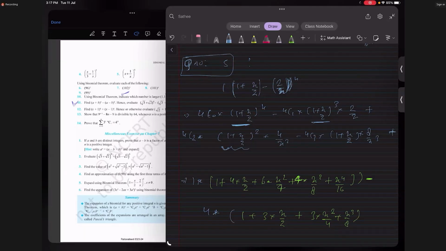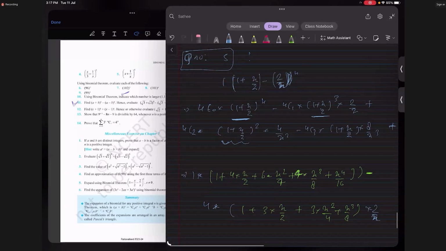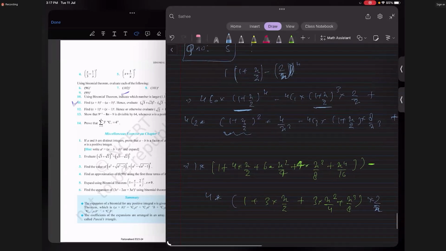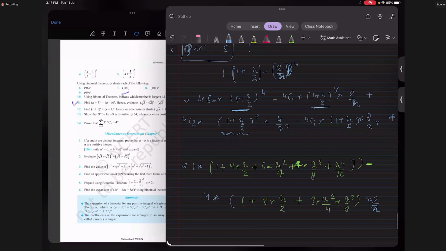And after that, there would be the multiplication by 2 by x, and then this would be 6 into 1 plus 2 into x by 2 plus x square by 4, into 4 by x square.